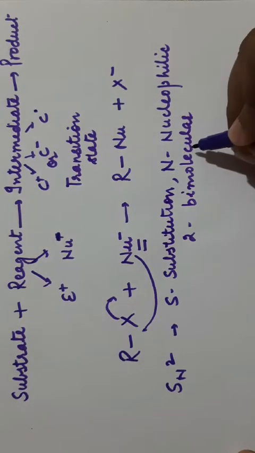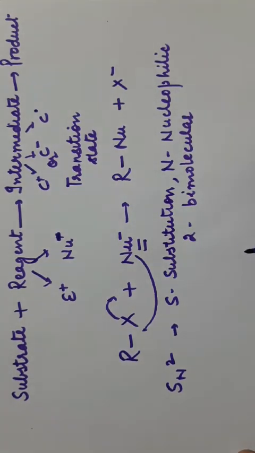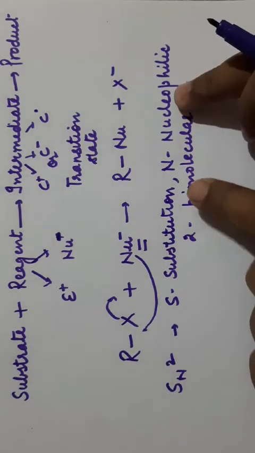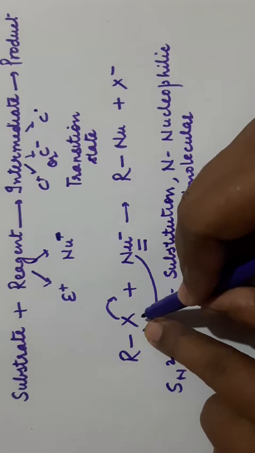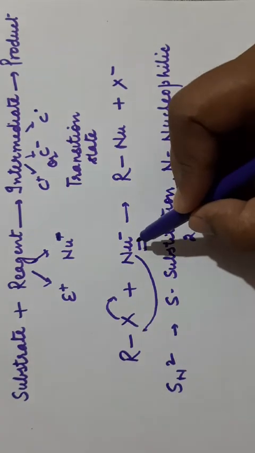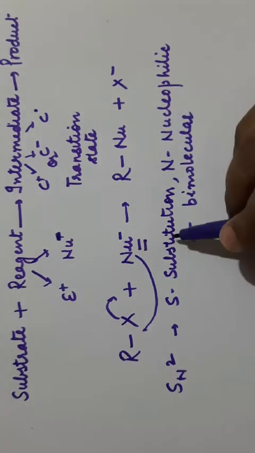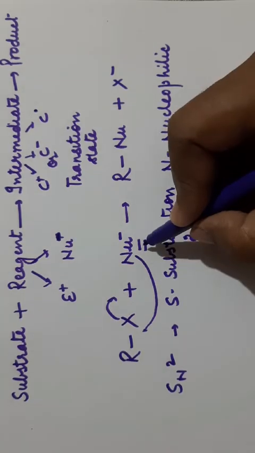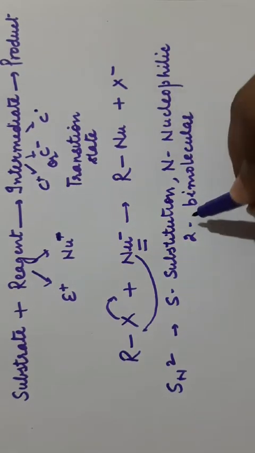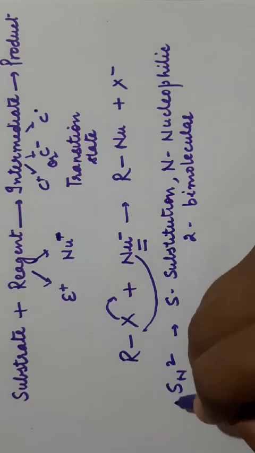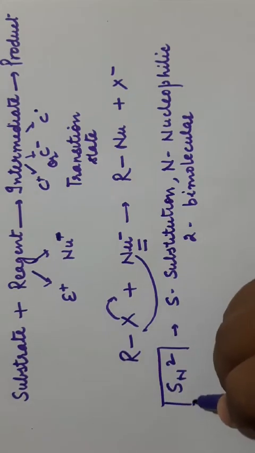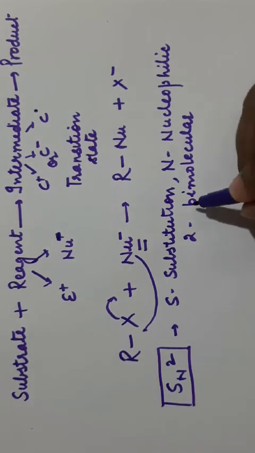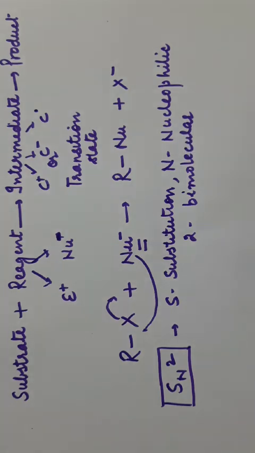So it is a bimolecular nucleophilic substitution reaction. I hope this much is clear. A substitution reaction is when any group in a compound is replaced by any other group. Whenever substitution takes place with the help of a nucleophile, it is known as nucleophilic substitution reaction. In this video we will be studying what is SN2 reaction, a bimolecular nucleophilic substitution reaction.